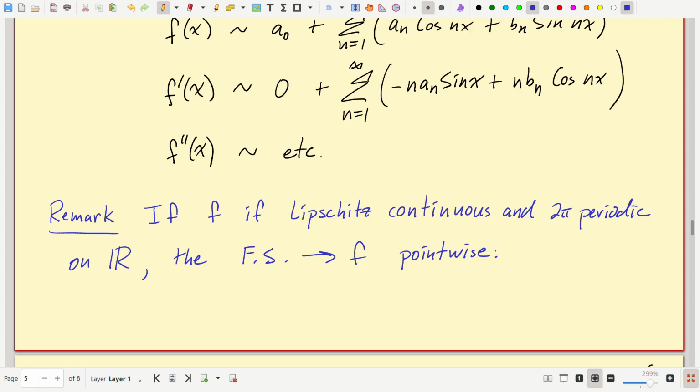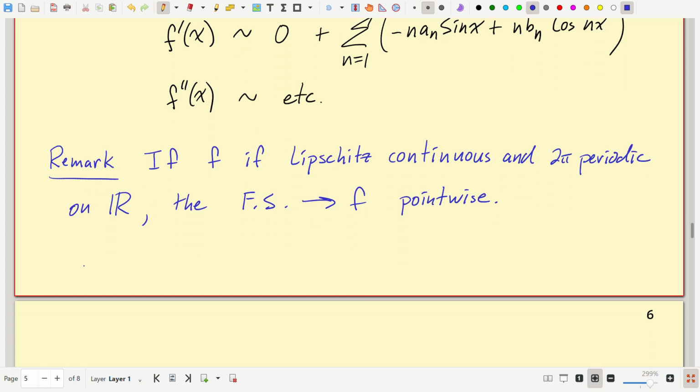And Lipschitz continuous means that |f(x) - f(y)| is less than or equal to a constant times |x - y|.